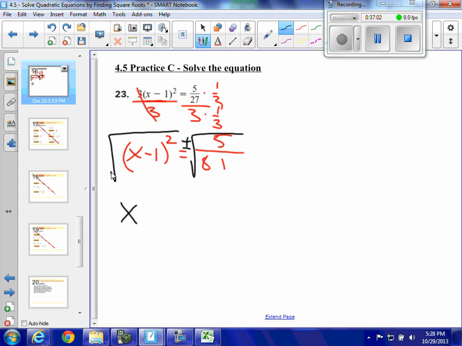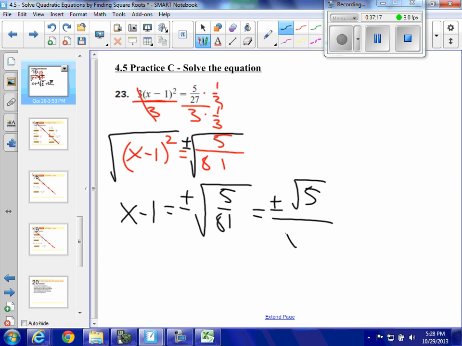So I'm now left with x minus 1 is equal to plus or minus the square root of 5 over 81, which is the same thing as plus or minus the square root of 5 over the square root of 81, which is the same thing as plus or minus the square root of 5 over 9.